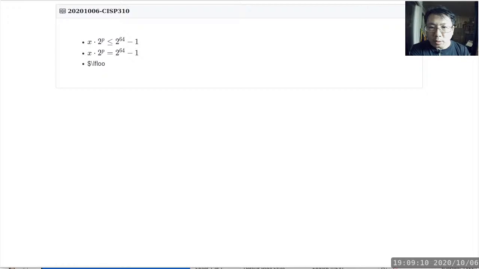So if I want to write the math equation, we have p equals the floor of the log base 2 of a fraction. The numerator of the fraction is going to be 2 to the power of 64 minus 1.